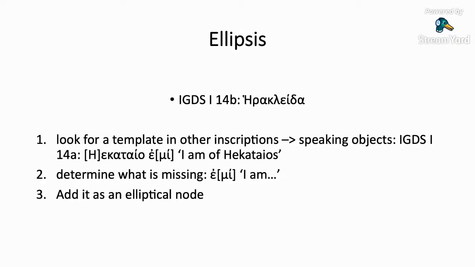So there are other inscriptions in which we find, for example, as in the following inscription, Hekataio emi, I am of Hekataios, and then we can determine with some precision what is missing, so the verb emi, and so we can add it as an elliptical node in Aretusa, and so it will always be recognizable as an artificial element.